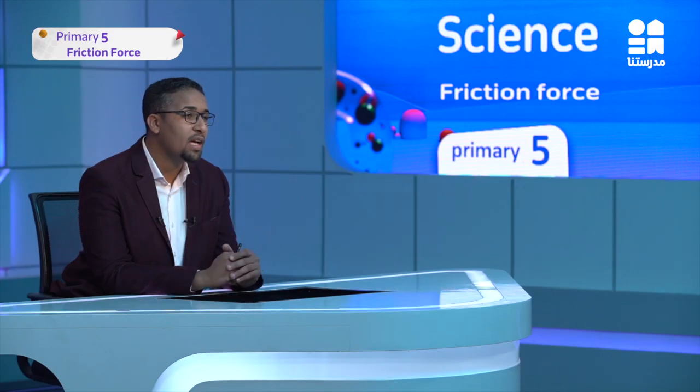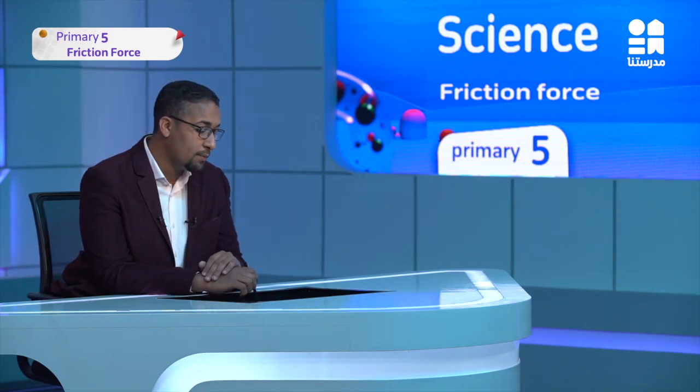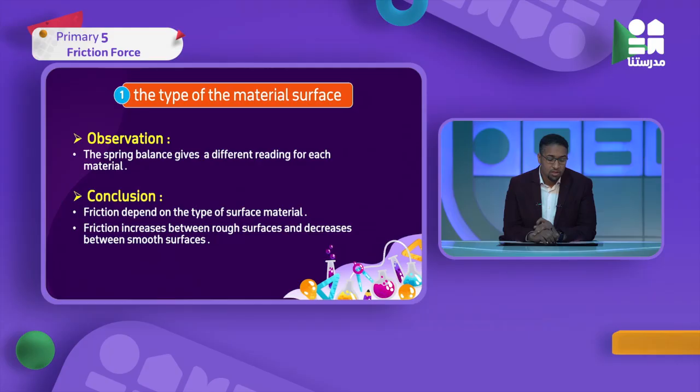Carpet will have the most friction because it is a rough material. Friction depends on the type of surface material. Friction increases between rough surfaces and decreases between smooth surfaces. Give reason: friction force depends on the type of material. Why? Because friction force increases between rough surfaces and decreases between smooth surfaces.